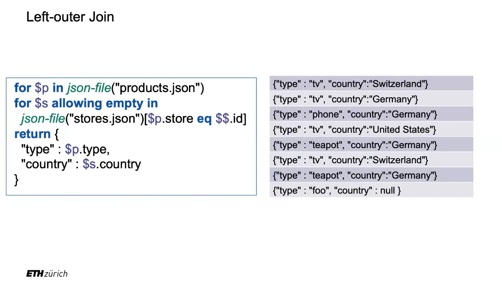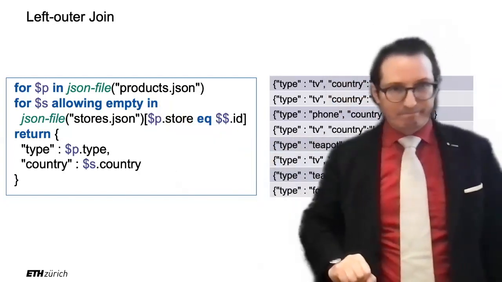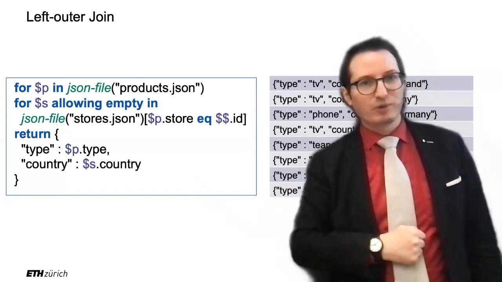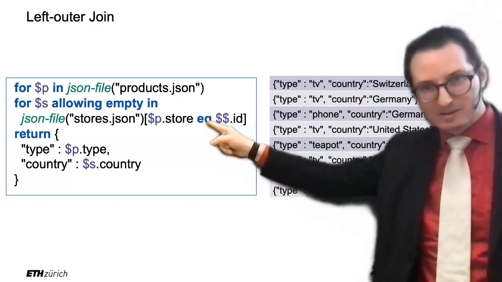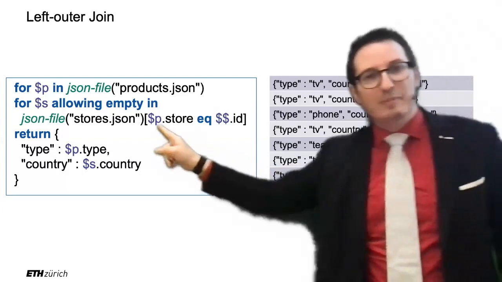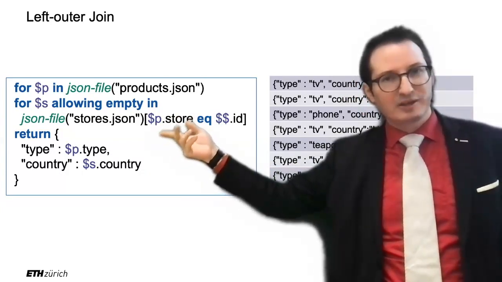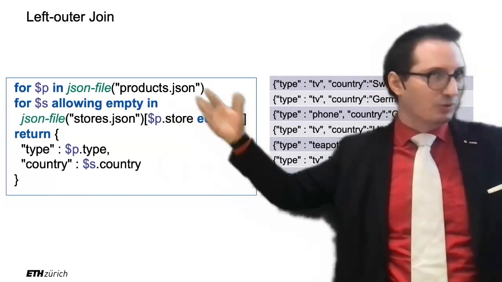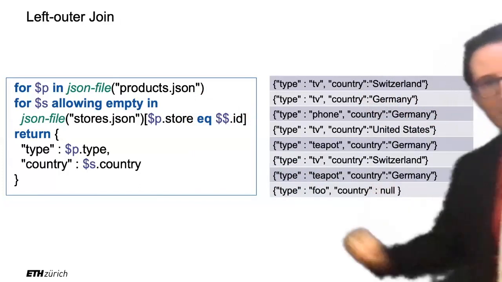All right. And now we have cool things that SQL cannot do. For example, what if I'm going through the products and I want to list the countries in which it is sold, but that might be empty, right? It might be that some of the stores do not exist, because the data is messy and so on, which is actually what happens right there.